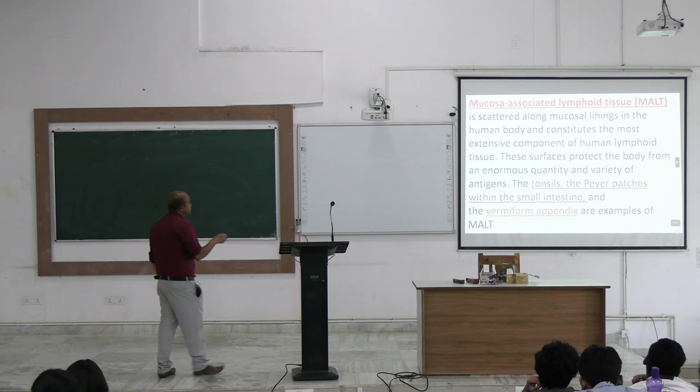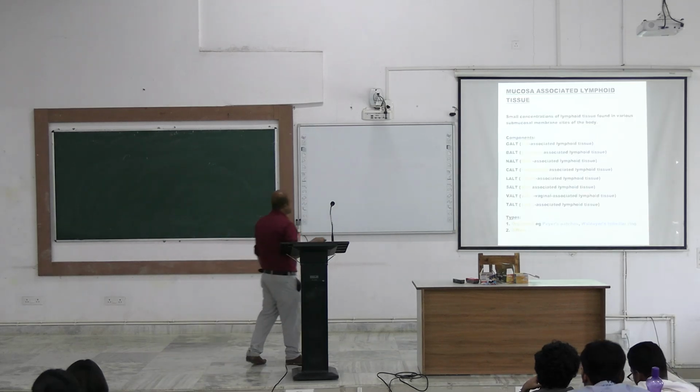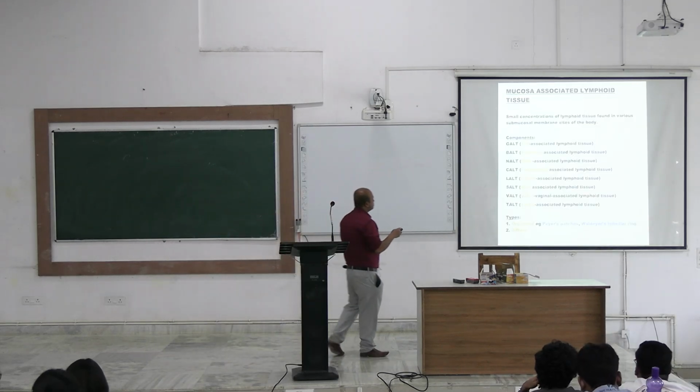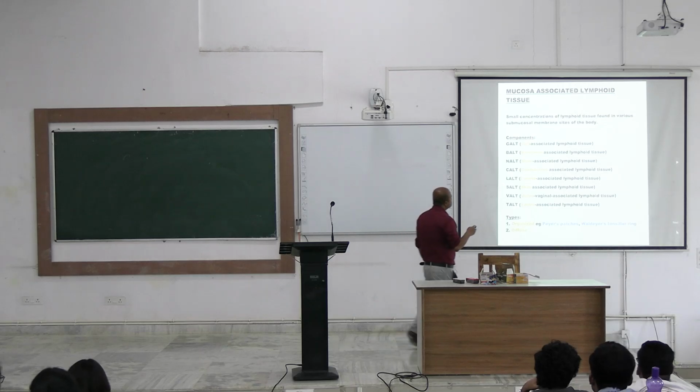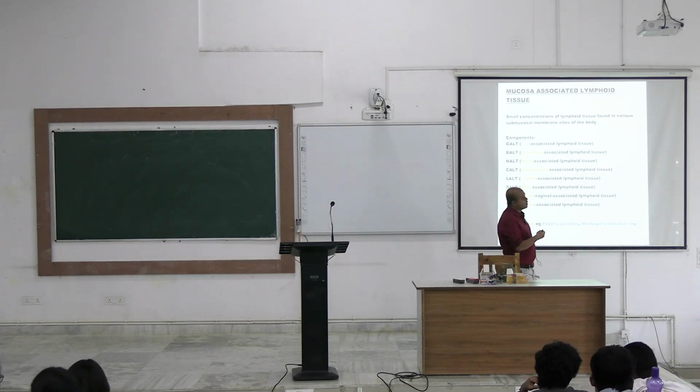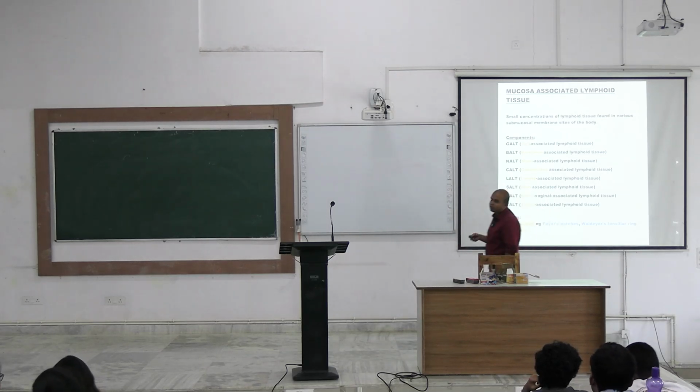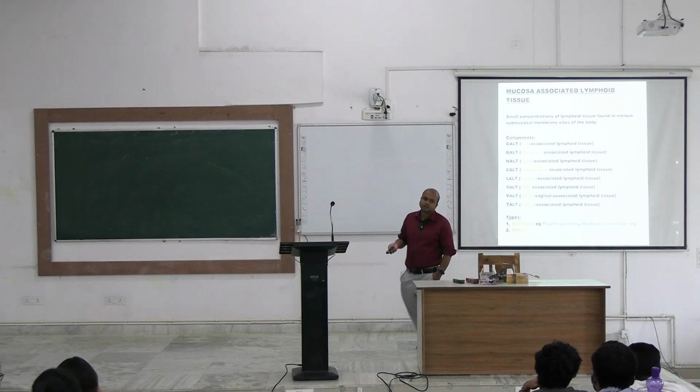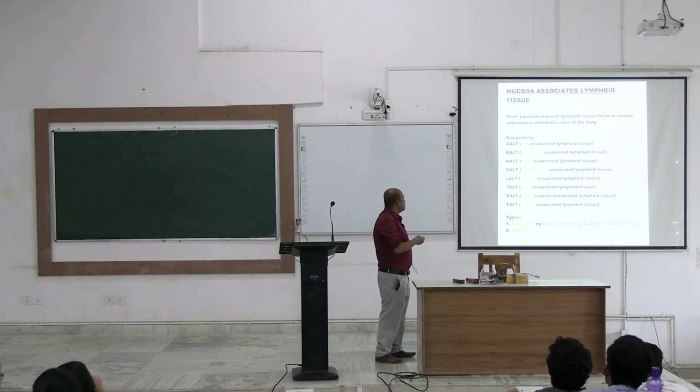It is a part of the immune system. Different mucosa associated lymphoid tissues are found along the gut, along the bronchus, along some reproductive organs, along the conjunctiva and the skin.